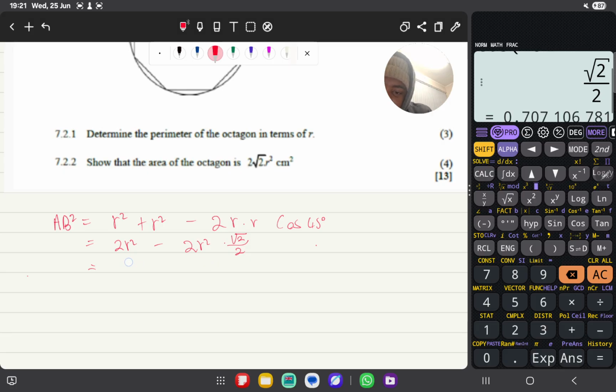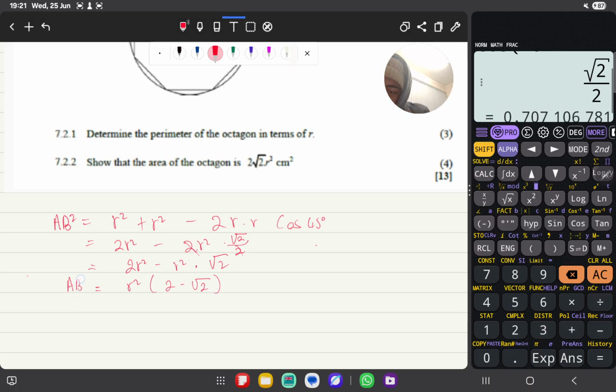Before I do that, I have 2R squared minus 2, this 2 is going to divide with this 2, so then I have R squared minus square root of 2. The 2 divides the 2. But this is not minus, this is multiplication, so everything is still fine. Then I have R squared into 2 minus square root of 2.